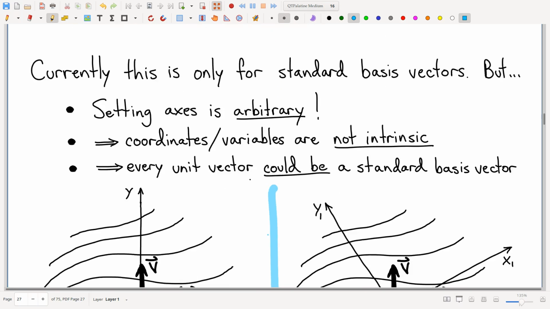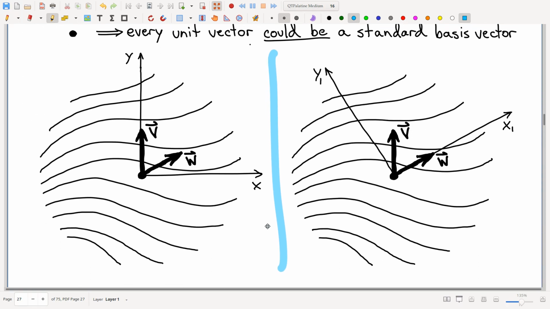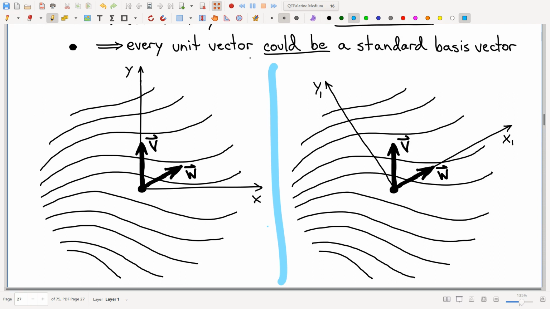So if we come back up here and say, okay, well, yeah, but this only makes sense if you're going in the direction of a standard basis vector. Well, what's a standard basis vector? I claim any unit vector could be a standard basis vector.